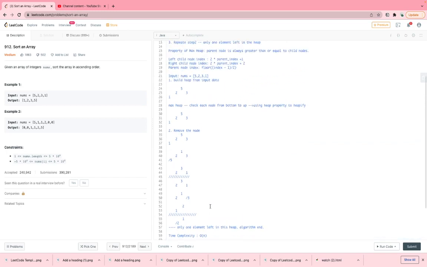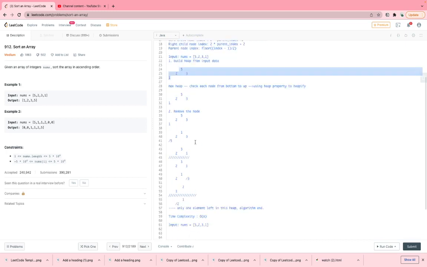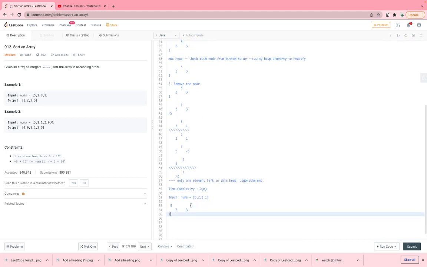And then after we build the heap, it looks like this. Here is 0, that's the index. This is 1, this is 2, this is 3.